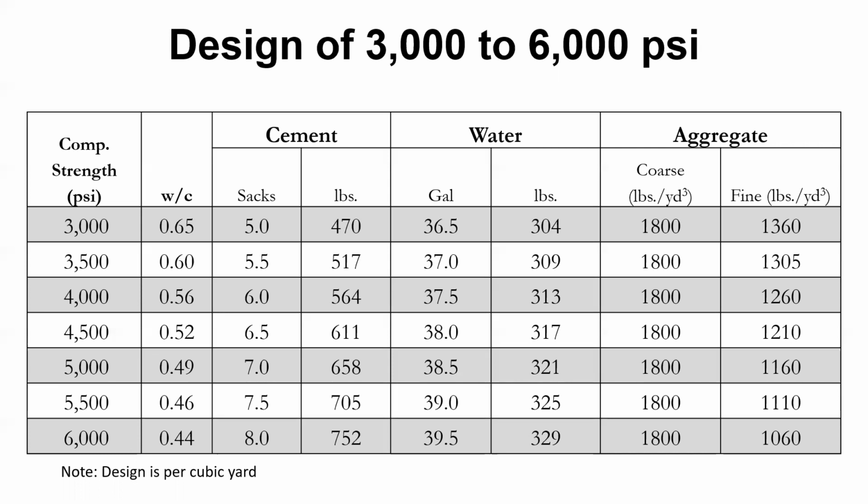That's water cement ratio. And then if you noticed here, you have 1,800 pounds of rock, so it's uniform. That's what ACI 211 tells you. But if you look here, you have about 1,360 for sand. Down here, you're getting to be almost under 1,000 pounds. So what happens a lot of times when we start designing mixes at 8,000, what I have learned is all of a sudden, hey, you just don't have enough sand in your mix.